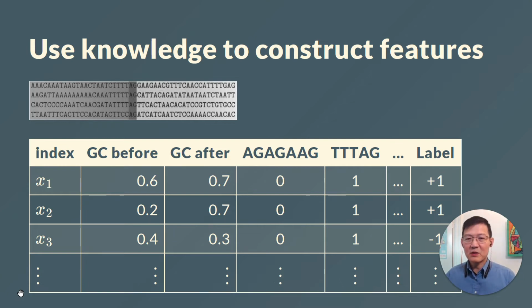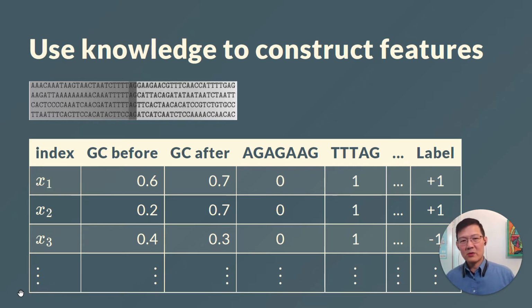You can also look for motifs. Basically you can look to see whether at the AG location, I think the AG is at the end here, did that sequence AG, AG, AA appear just before the AG? And then you can just have a binary indicator, did that sequence appear or not?